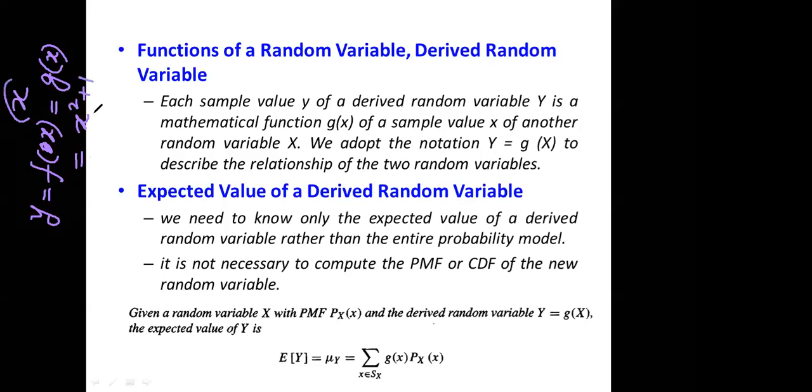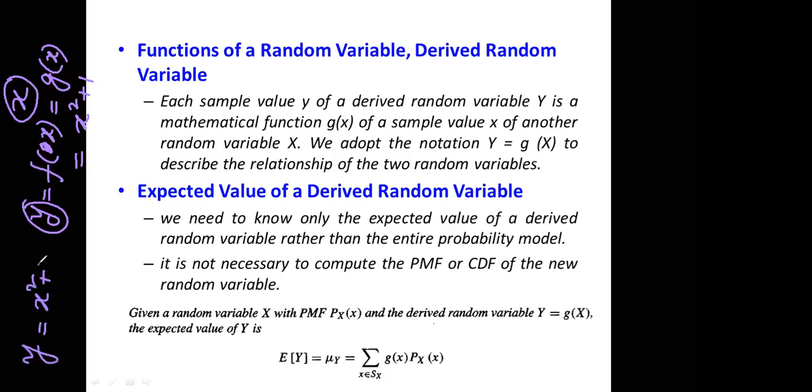So X is a random variable and Y is a derived random variable if Y is a function of X. Function of X means some multiplication, addition, power like this. So if Y is equal to X square plus 1, then Y is a function of X, and we can say that it is a derived random variable.